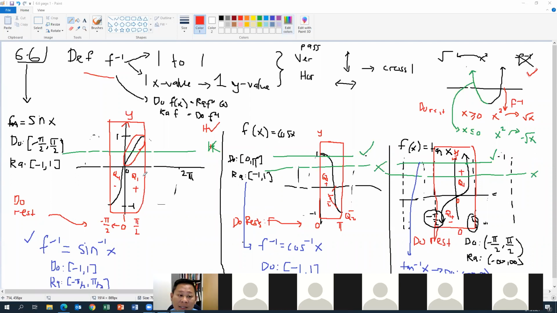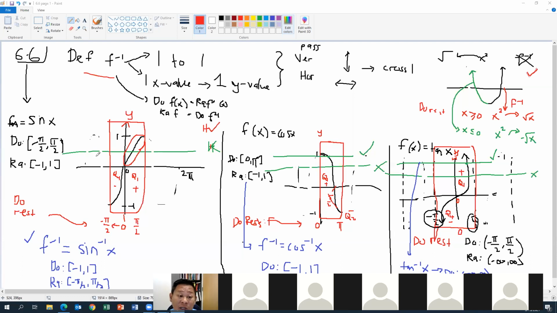Some of you were asking me, is this domain restriction fixed between these two numbers? My answer to you is yes. We will always use this. If your calculator is finding the inverse, you can notice that your calculator has this -1 on top, right?